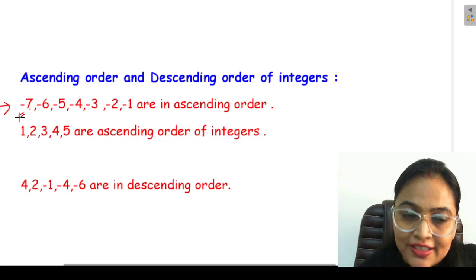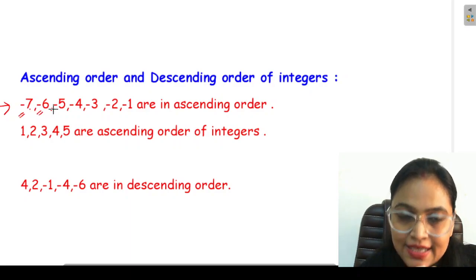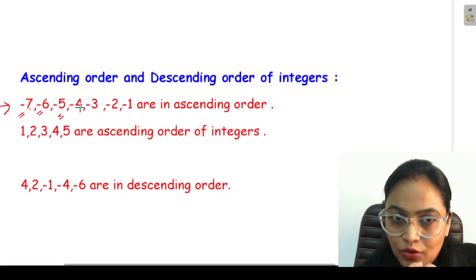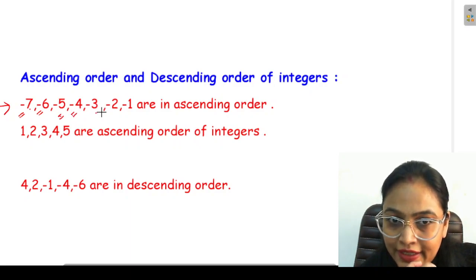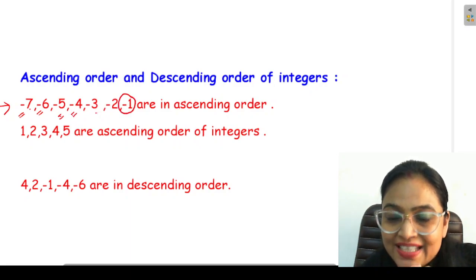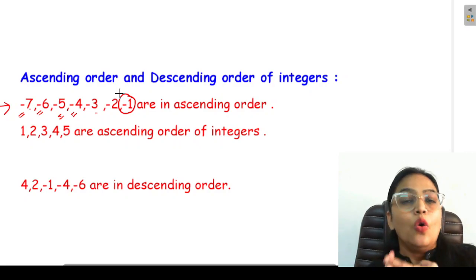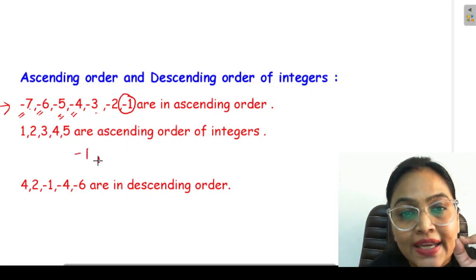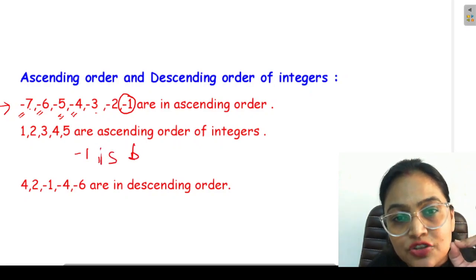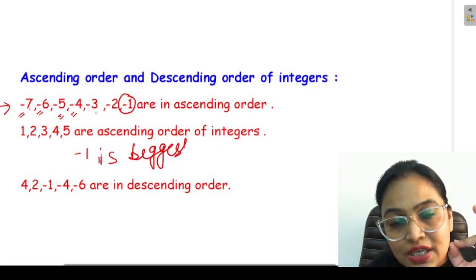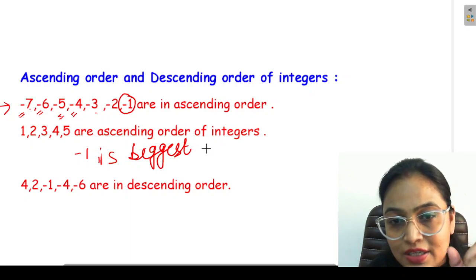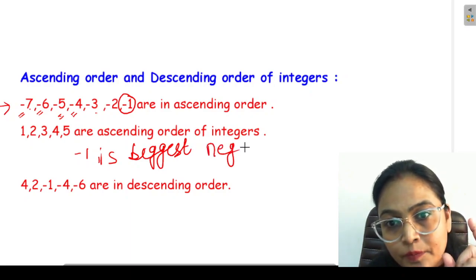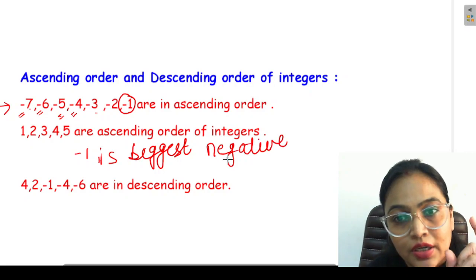So -7 is smallest here, then -6, then -5, okay, -4, and here -1 is the biggest number. Okay. And one more thing is that -1 is the biggest negative integer, or the largest negative integer.